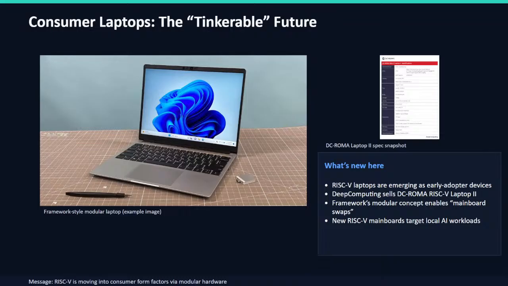Now let's talk about laptops, because that is where RISC-V starts to feel real to everyday users. IEEE Spectrum reports that in 2025, RISC-V laptops were becoming accessible enough for early adopters and developers, including the idea of modular computer systems, which pretty much means that you can change the different components.